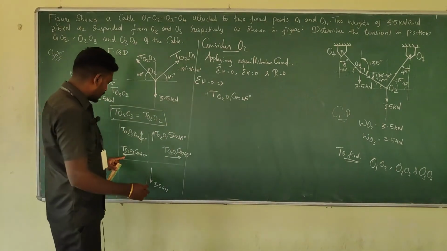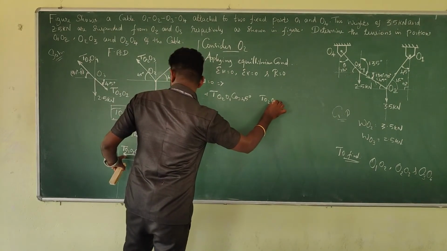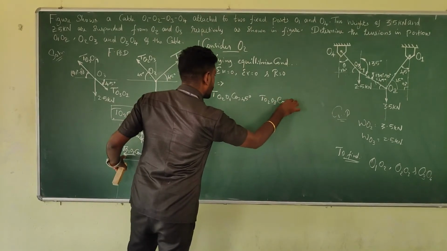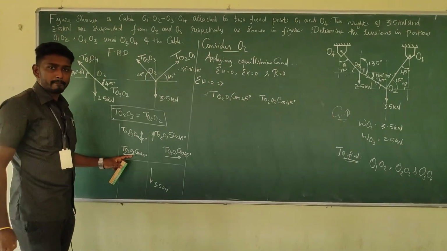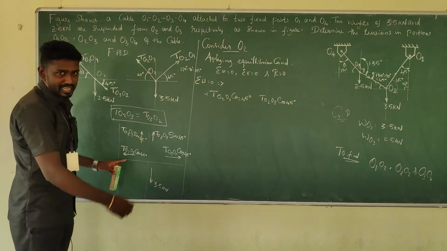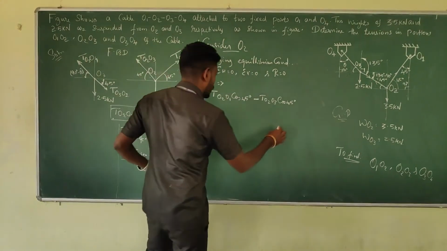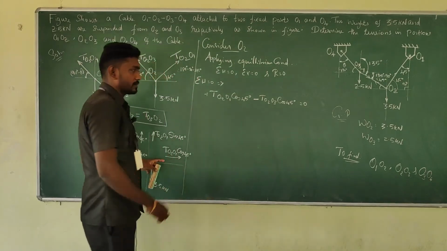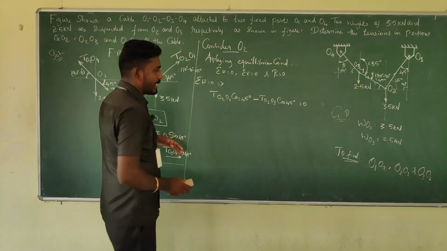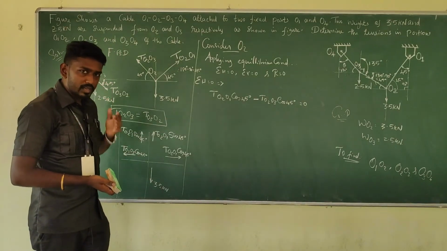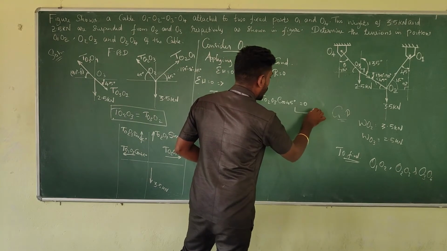Here it is TO2 to O3 cos 45 degree. Okay, so what about this sine? It is just moving left side, so it carries minus sign equal to 0 at the equilibrium condition. So there is no way to simplify this equation, right? So that just we can keep it as equation number 1.